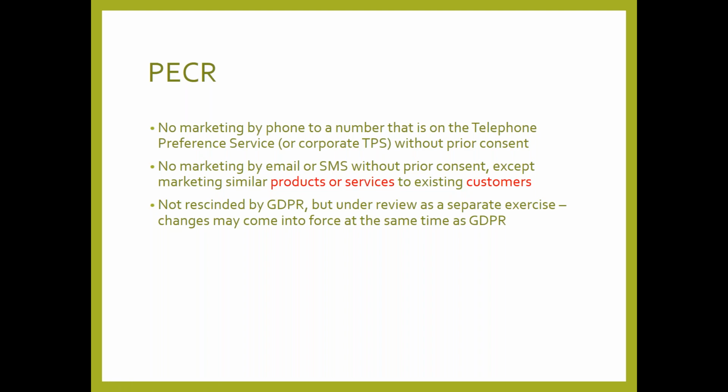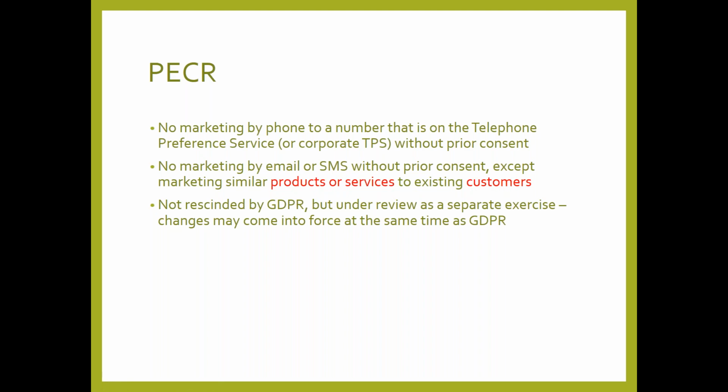Those are where you want to market by phone to a number that's on the telephone preference service, you need consent. But if the number is not on the telephone preference service, then technically you don't need consent for marketing. Marketing by email or text message, rather confusingly, it says you need consent unless you're marketing similar products or services to existing customers.